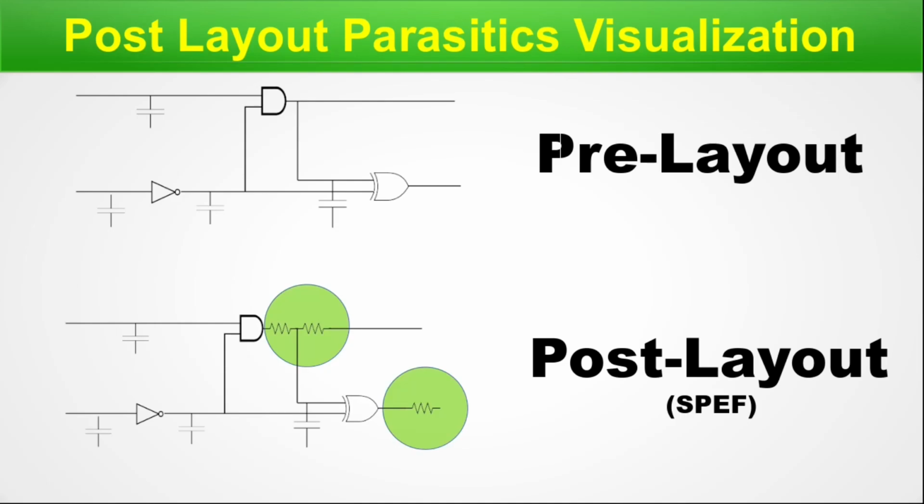These are parasitic resistors which are contributed by the SPEF file. Now you can see that the number of nodes has increased in the circuit. This increment is due to the addition of the parasitics. For simplicity of the diagram, we have not shown the parasitic capacitors. The added nodes are often called subnodes because these expand the existing node into many more new nodes.